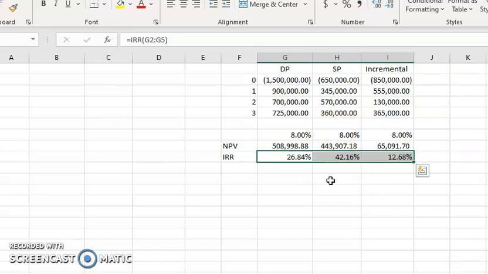So we would actually accept the larger project because this 12.68% is greater than 8%. So you can obviously do incremental IRR with your calculator and on paper, but it's a whole lot easier to do here.